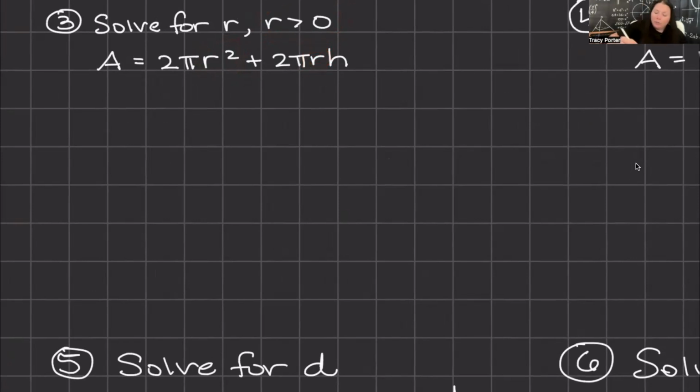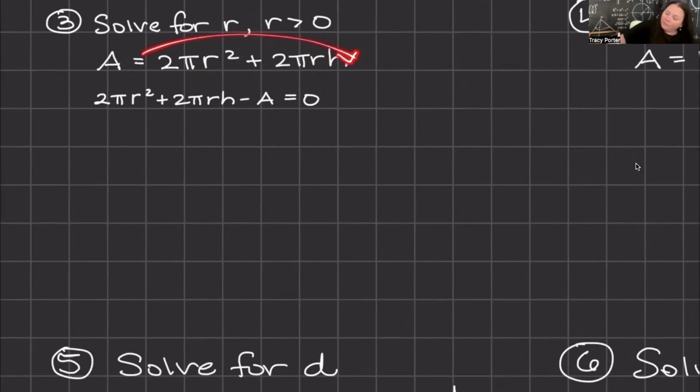So we're going to use the quadratic formula. We're going to rewrite this in what you would call the standard quadratic form. So I'm going to subtract the A over to this side so that we get a 0. And then we're going to put our squared term first, then our linear term, our constant, and then we have the 0.